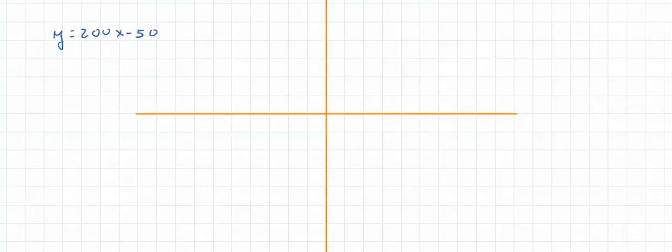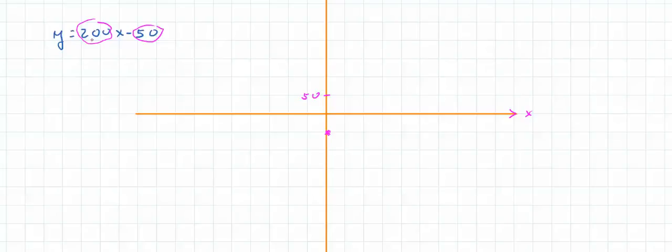All right, y equals 200x minus 50. Well, clearly, when we look at this number and this number, a scale that makes sense is going by 50s. We start at negative 50, which is right here. But what about the x scale on our x-axis?